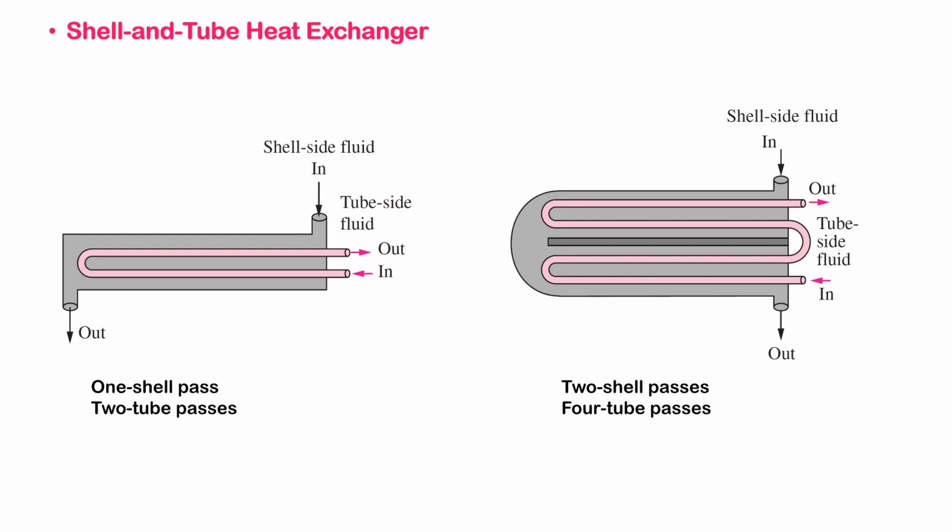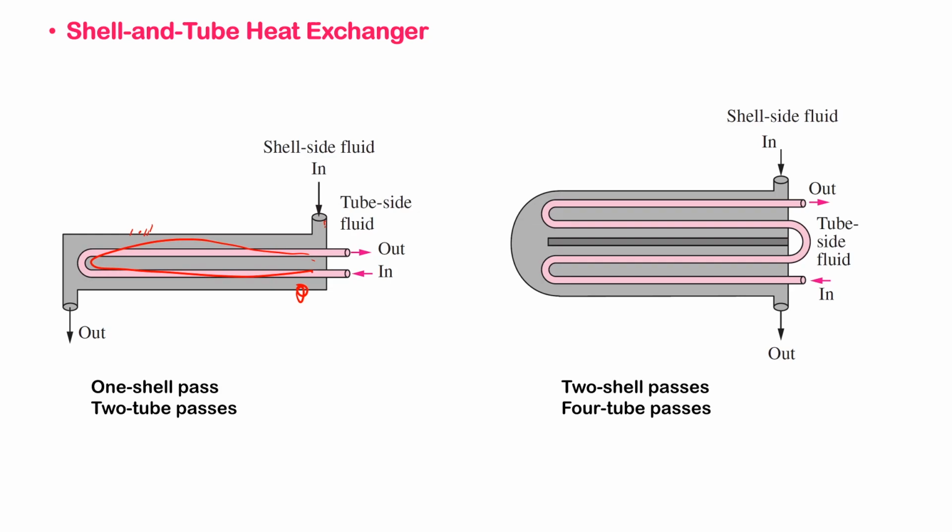So let's talk about the nomenclature of shell and tube heat exchangers. In general, we always have a shell. We may have multiple shells, of course, so we count the number of shells. In the figure on the left, we have only one shell, and the tube is doing 1 and 2 passes.